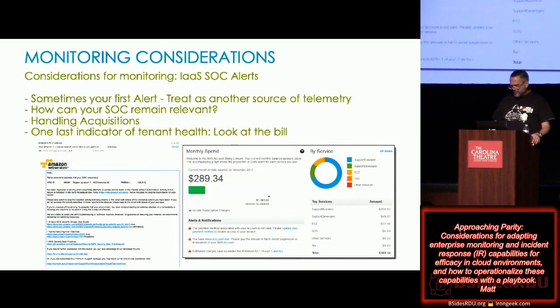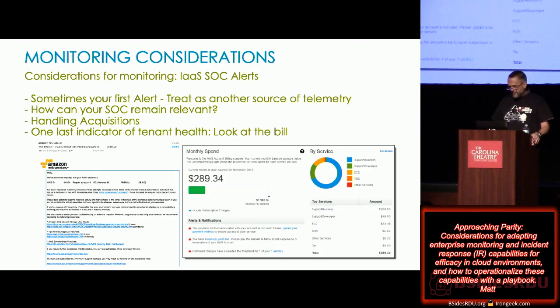And then one other thing to prepare for is that the infrastructure as a service SOC may alert. Think AWS EC2 abuse notifications for those who are familiar with these. But the SOC will sometimes lack the attribution and context that you know about anything that's organization specific, which can give that important context around those events and let you decide whether it's just an event or an actual incident.